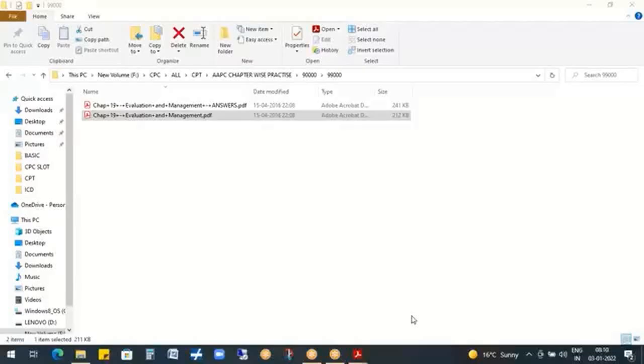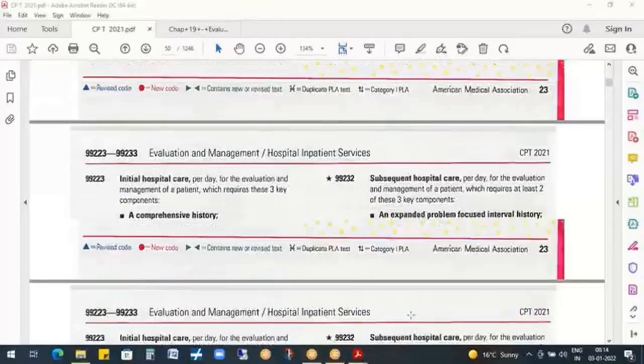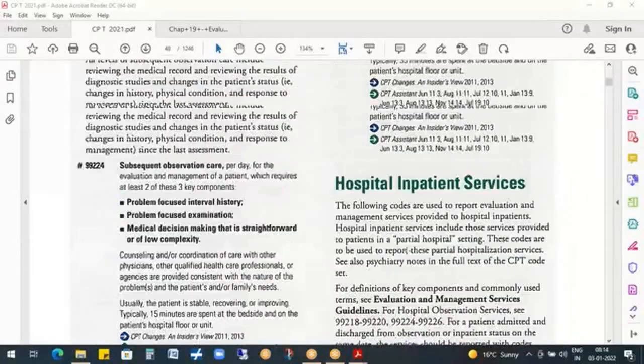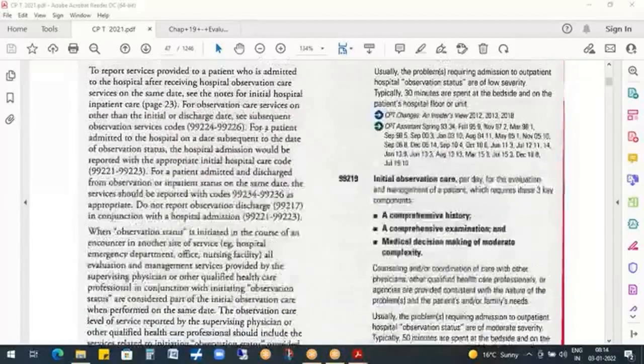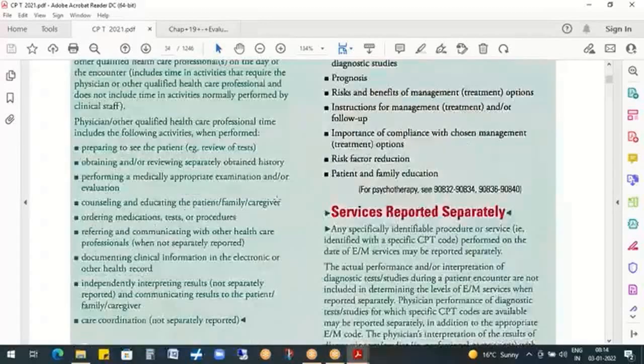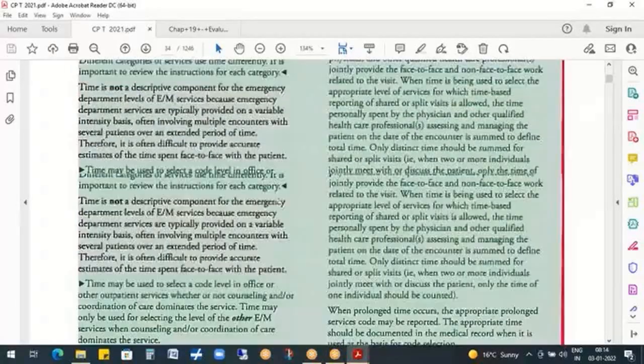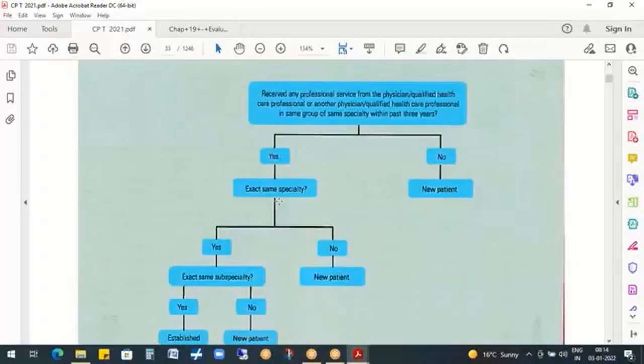Next point, what I said, specialty and subspecialty. Okay, I will explain the definition through a flowchart. You can see the screen, everyone. Can you see my screen?